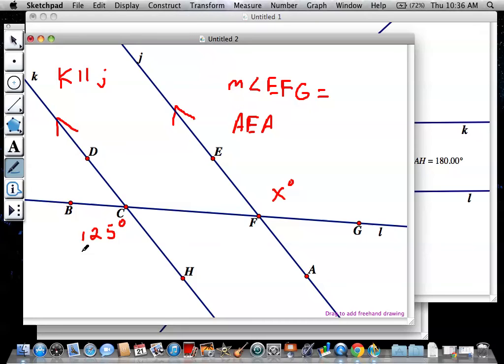So if this one's 125 degrees, then this one is 125 degrees. So they have the same measure. So I can set the measure of BCH equal to the measure of EFG because of the alternate exterior angles theorem.